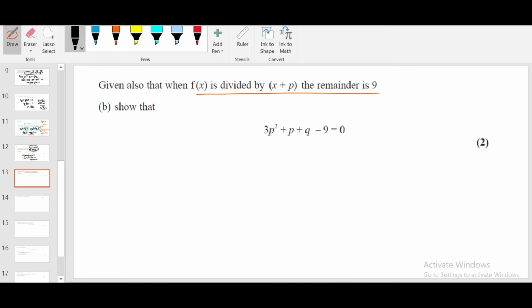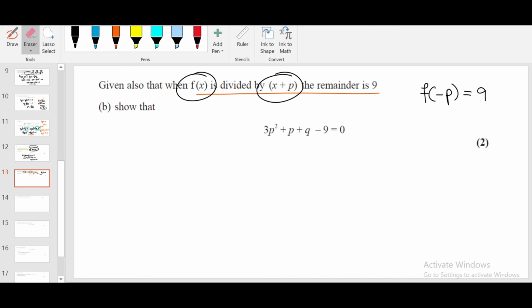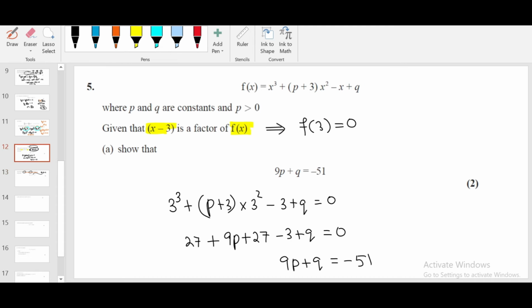The remainder theorem says when f of x is divided by x plus p, the remainder is f of minus p, which is given as 9. So same like part A, now you need to replace x by minus p into the original function.